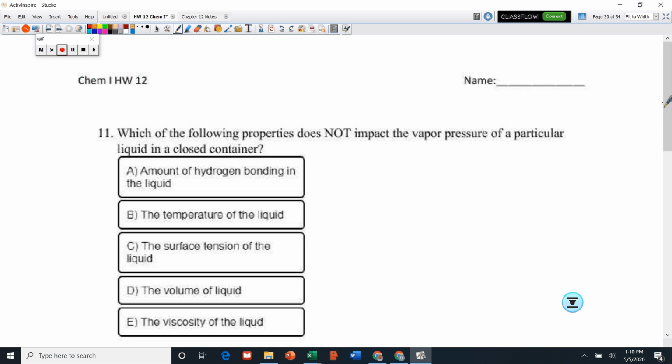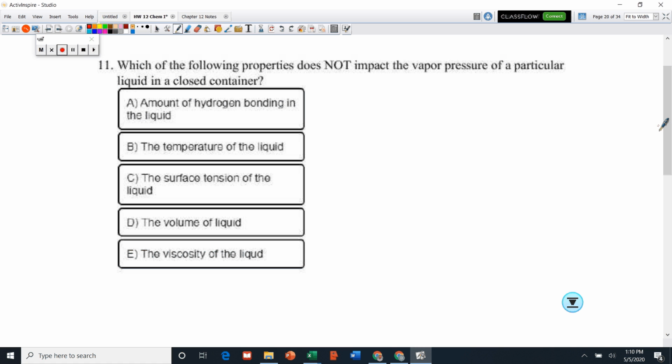All right. Which of the following properties does not impact the vapor pressure of a particle of liquid? So remember the things that affect vapor pressure. Vapor pressure is affected by temperature and IMF. All right.